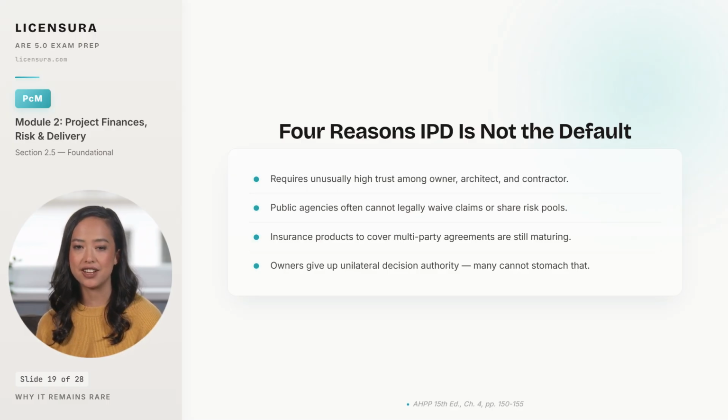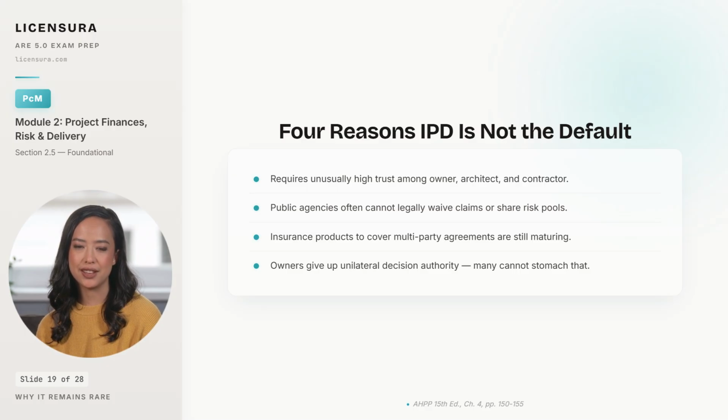Second, public agencies frequently cannot legally enter into an agreement that waives claims or shares a risk pool. Their procurement rules and their fiduciary duties to taxpayers prohibit it, which means a huge segment of the construction market is structurally closed to IPD. Third, the insurance products that cover multi-party agreements are still evolving. The waiver of claims complicates how professional liability and general liability policies respond, and underwriters charge for that uncertainty.